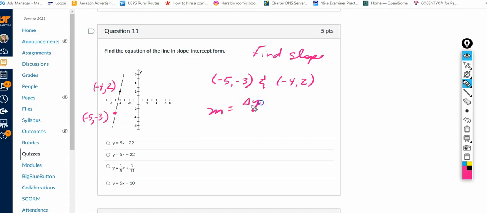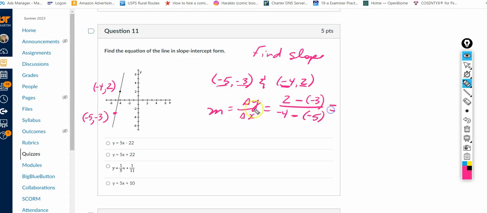So it's going to be the change in y over the change in x. So I'm going to have this y coordinate minus this y coordinate, all divided by this x coordinate minus this x coordinate.